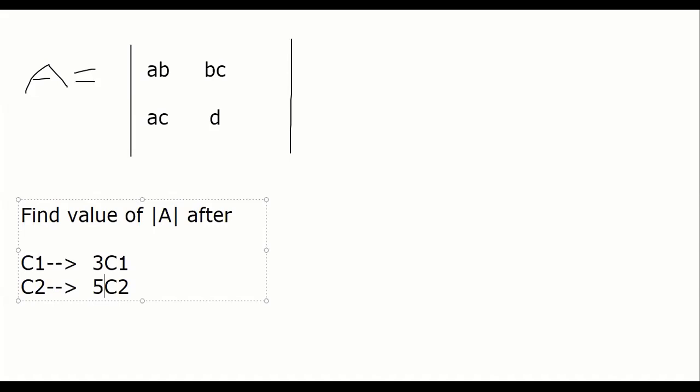You have to write the value in terms of A only. जो भी value A का होगा, उसका कितना टाइम से डिवाइड होगा after doing two operations. C1 becomes 3C1, C2 becomes 5C2. Even if I don't give the determinant, it doesn't matter. What will be the value of determinant A after doing these two operations?